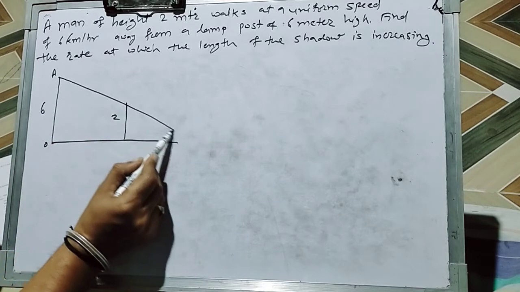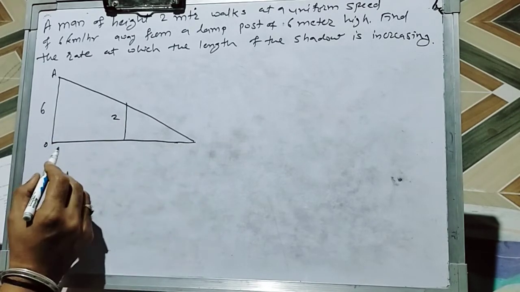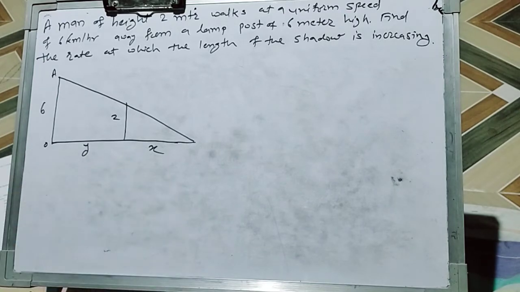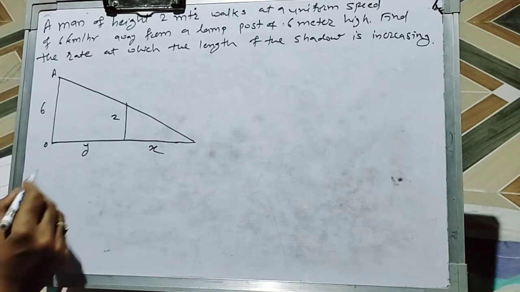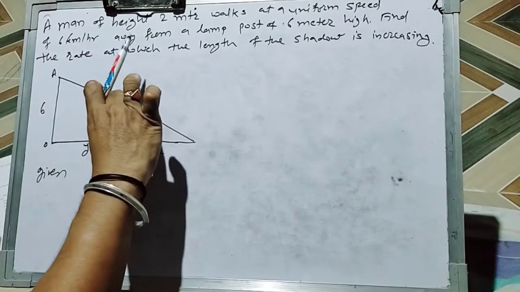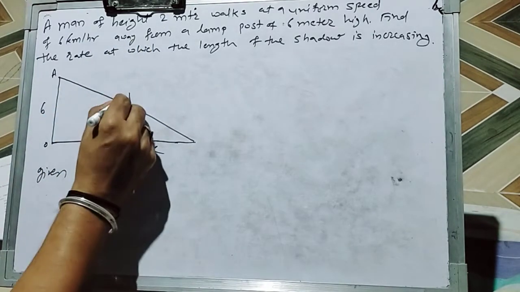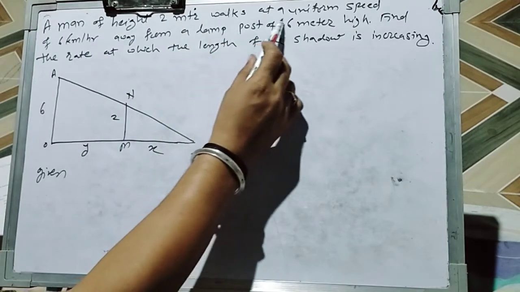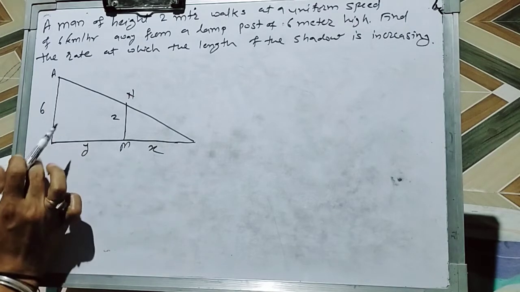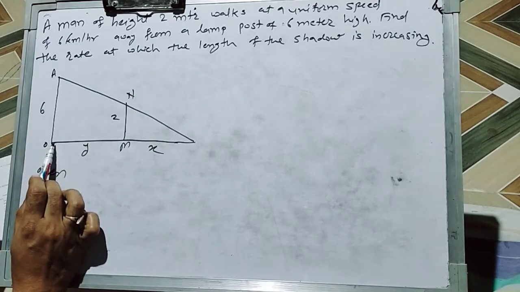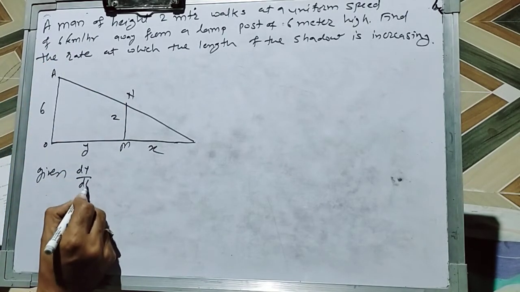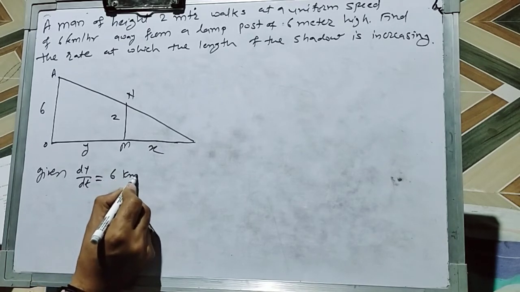So here the lamp and the shadow; this one is y, this one is x. Given a man of height 2 meter, means MN, walks at a uniform speed of 6 km per hour. It means the speed of walking from this post is 6 km per hour. So dy by dt is equal to 6 km per hour.